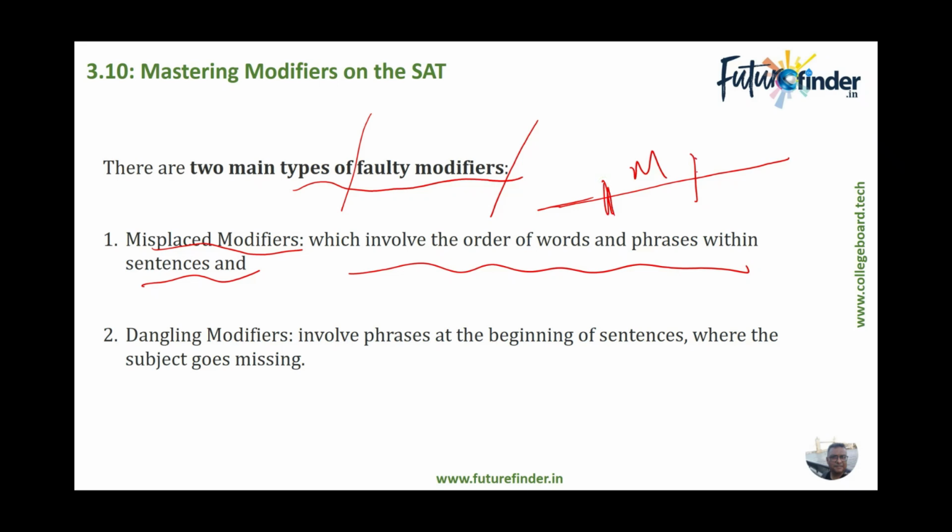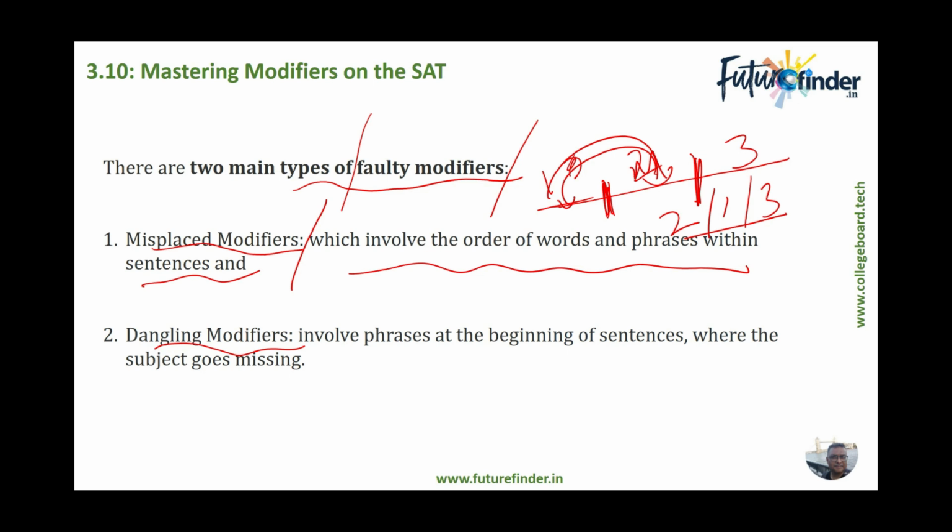It should be at a particular point in a sentence, but it is at some other point. So 1, 2, 3, probably the sequence should have been 2, 1, and 3. This part should have been before 1 and 1 should have come here. So this is what misplaced modifiers are all about.